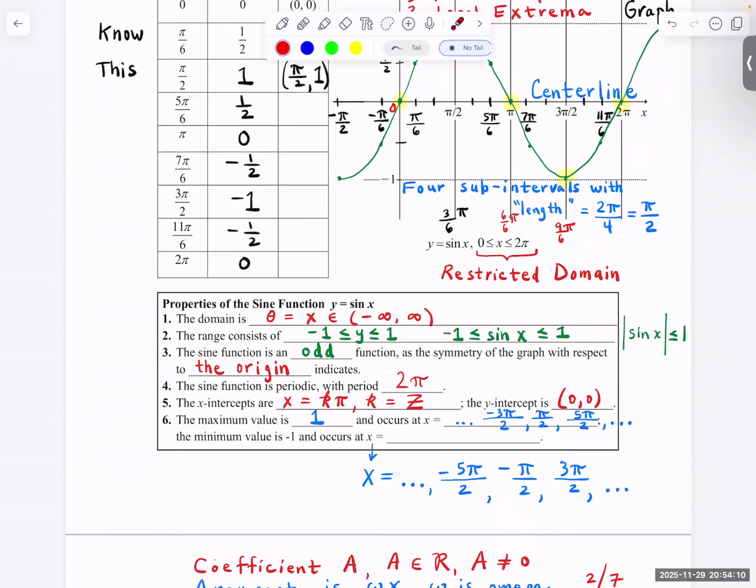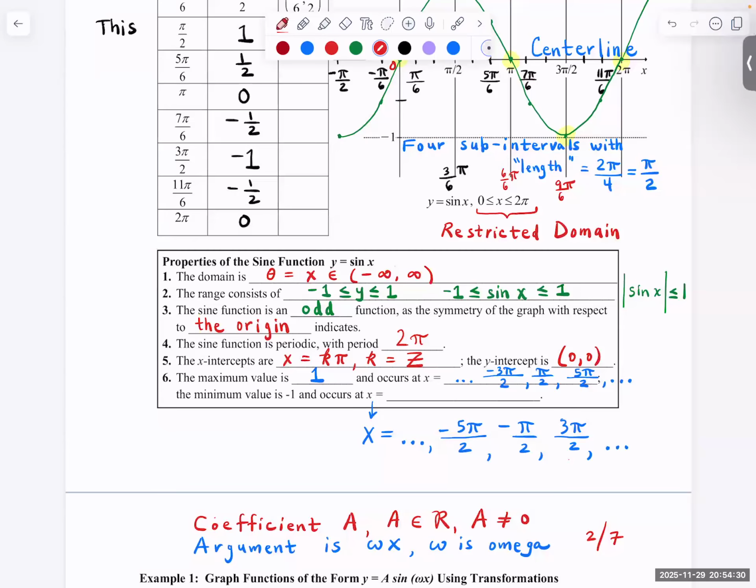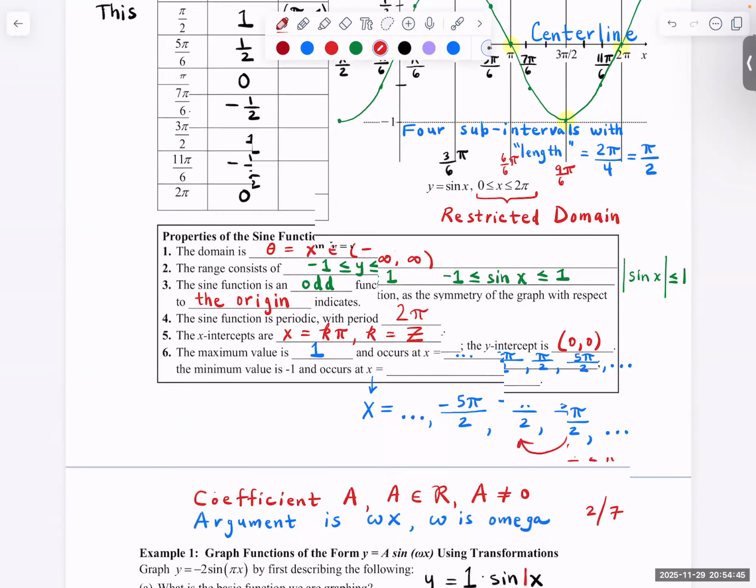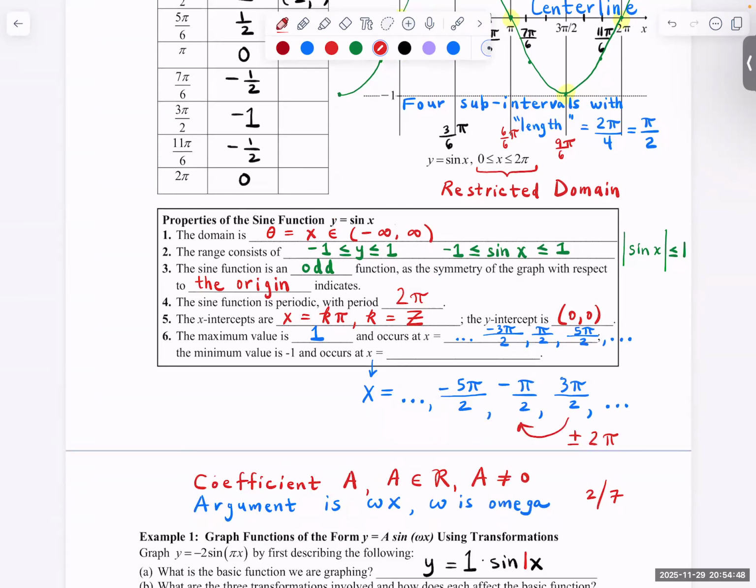The minimum function value is negative 1, occurring when the angle x is 3 pi over 2, negative pi over 2, which you get by subtracting 2 pi, or subtracting 4 pi over 2. So make a note here that we can obtain additional angles by subtracting 2 pi or adding 2 pi, or adding even integer multiples of pi.